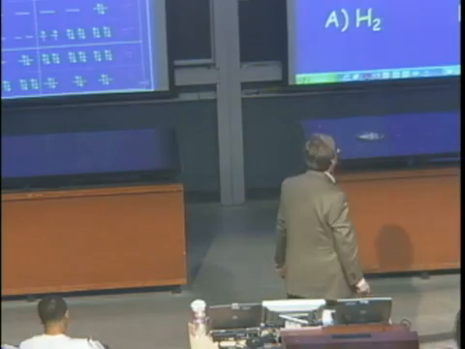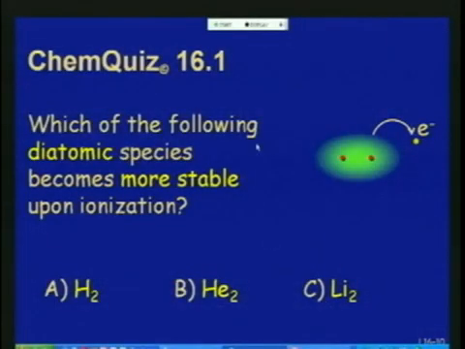So why don't you discuss this with each other and see if you can give me a revised answer. There's helium-2 plus here. There's hydrogen. And there's lithium. Just take one electron away and then compare the bond orders.